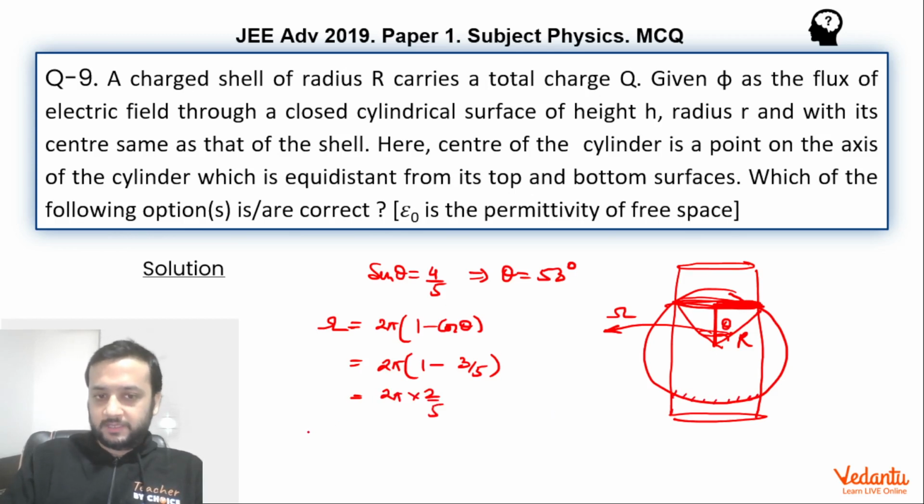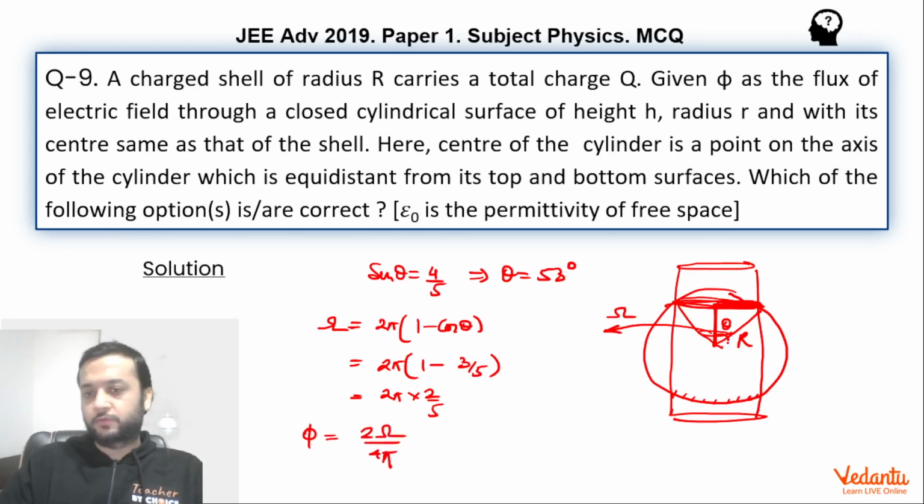So basically, we can say that the total flux passing through this cylinder will be 2 omega upon 4 pi, because 4 pi is the solid angle subtended by the whole shell at its center. So 2 omega upon 4 pi into q over epsilon naught.